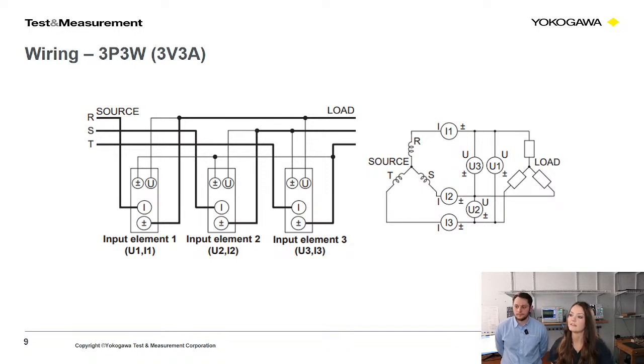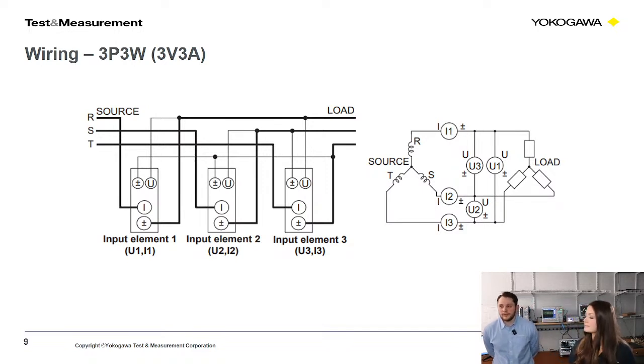Yeah. So maybe just to make a quick note on the 3P3W versus a 3P4W, as Courtney kind of mentioned, we're measuring the voltages line to line. So they're being measured in comparison to one another. A lot of our DC measurement, we're doing it to a neutral. There's a bit of a difference in the calculation when you're measuring to a different potential versus when you're measuring to a neutral value.